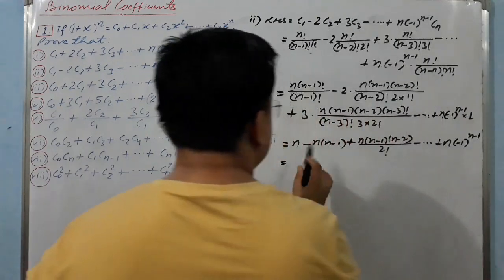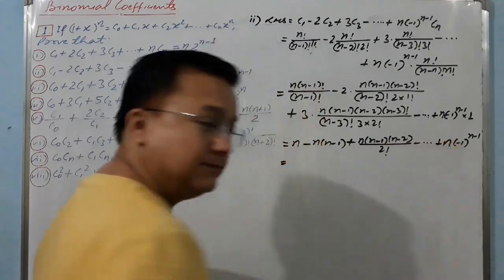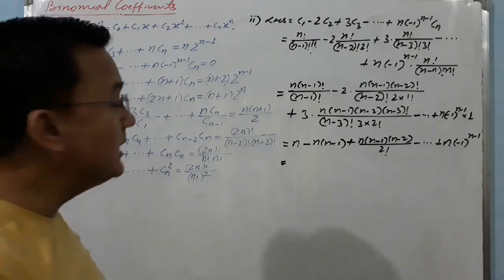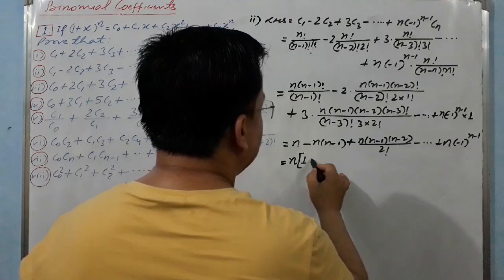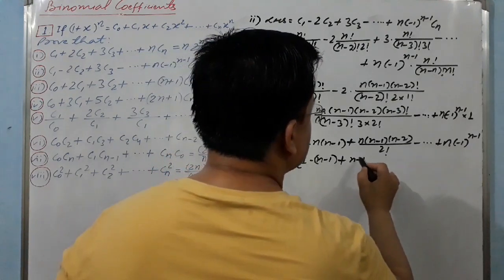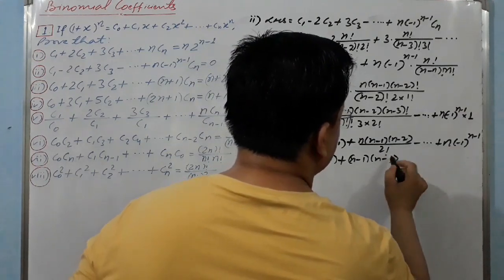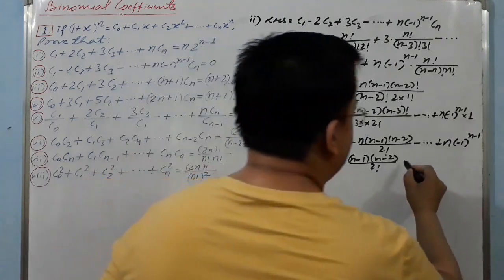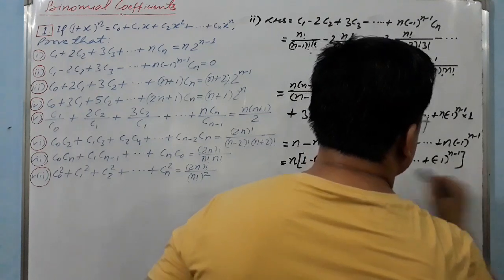So n times, and so on, right? In each term we have n as a multiple, so we can take n common: n times [1 minus (n minus 1) plus (n minus 1)(n minus 2) over 2 factorial, minus dot dot, plus (minus 1) raised to power n minus 1].